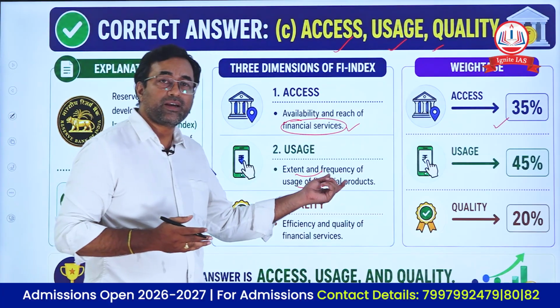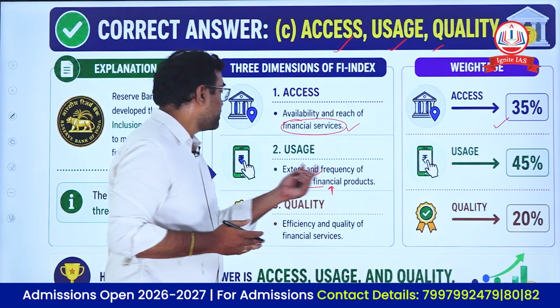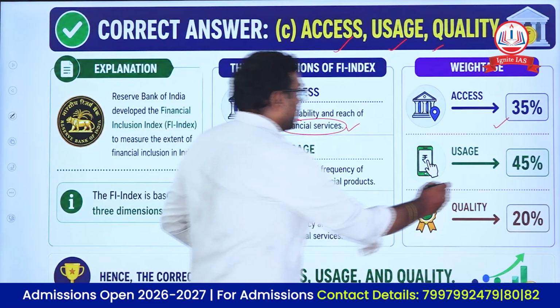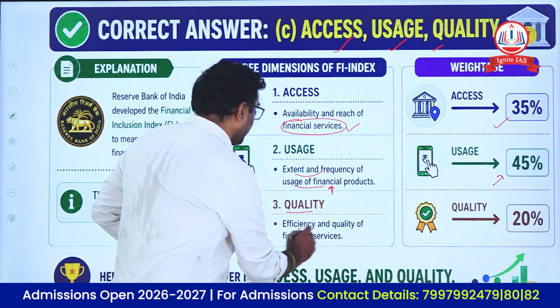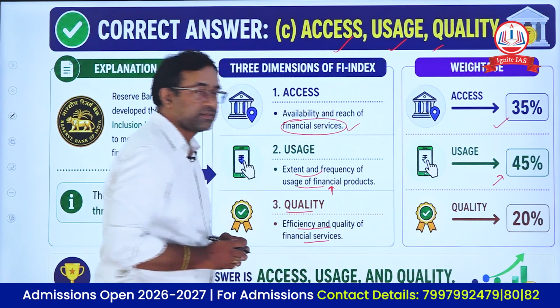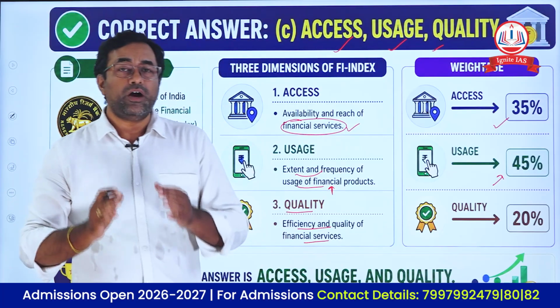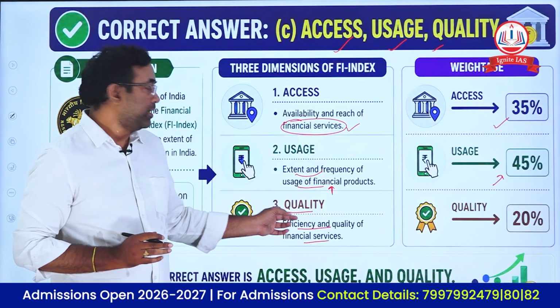Those services we can call financial products. So the extent and frequency of usage of financial products is another parameter, and it has been given 45% weightage. Next, quality is the efficiency and quality of financial services. That means how effectively they are providing services to all sections of the people is also calculated with this parameter.